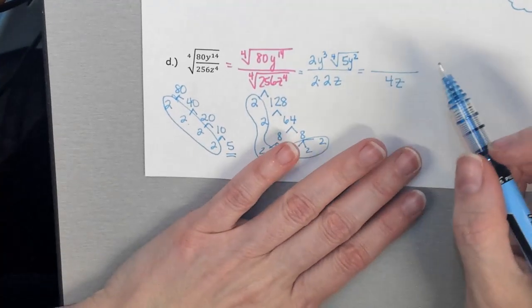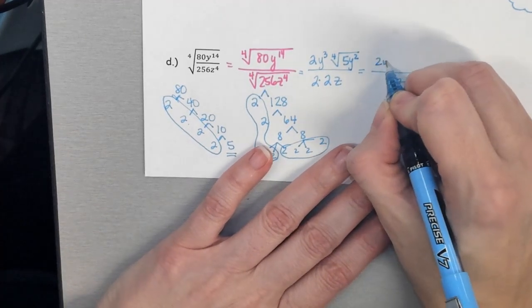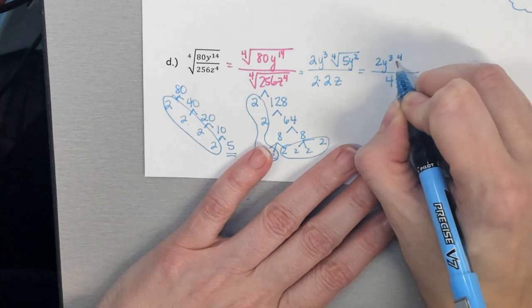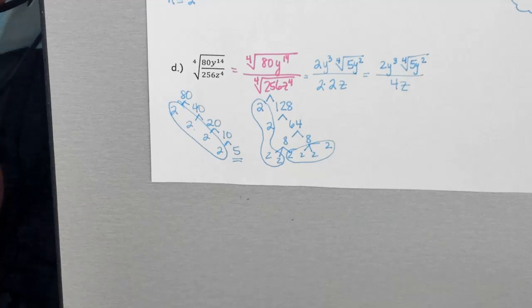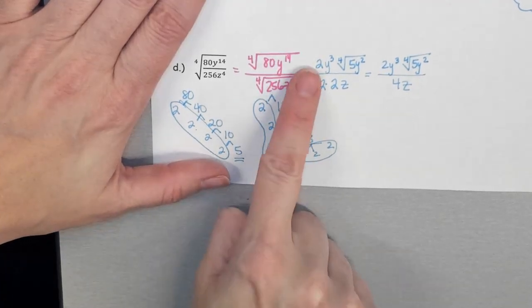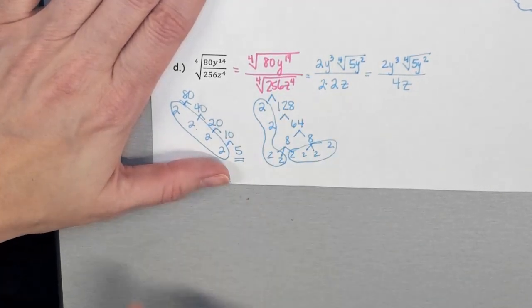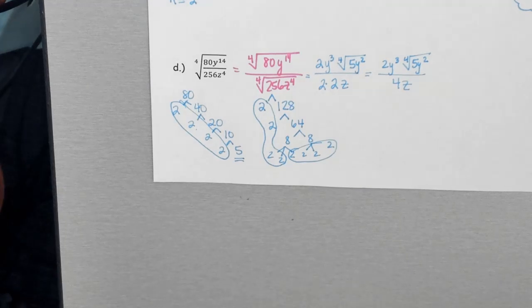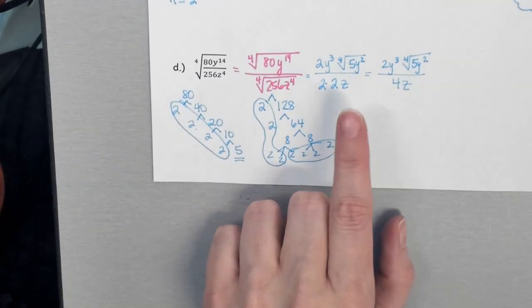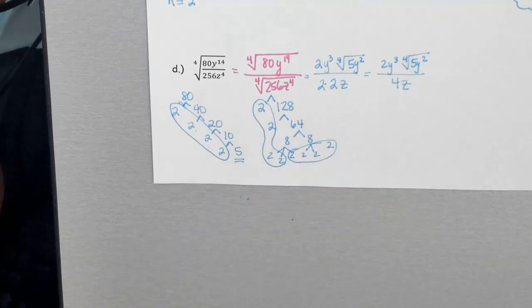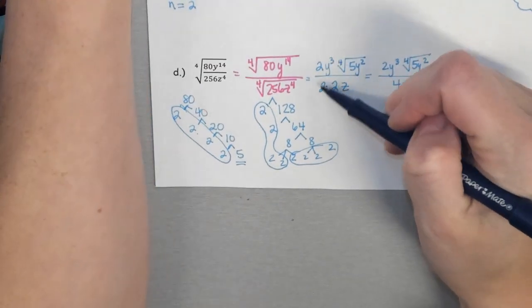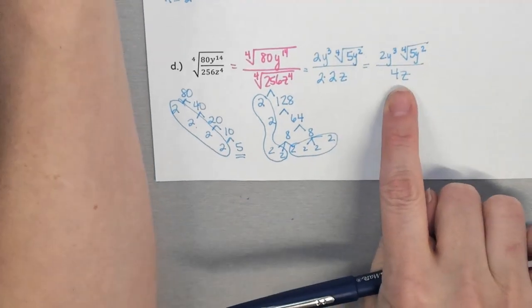Okay, and then once you have this, you need to make sure that there's nothing else you can reduce. It's really simple to see here what can happen on the outside. If you have a 2 on top and 2 on the bottom, what happens? Yeah, they cancel. So you could cancel it at this step, or some of you might just jump to this.